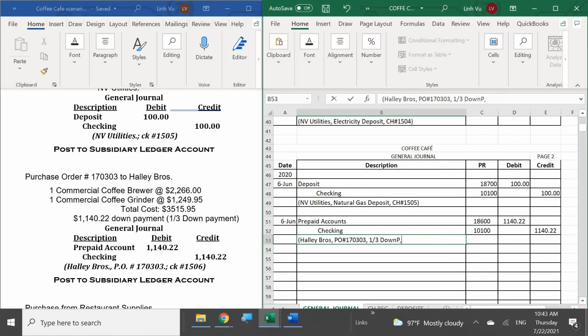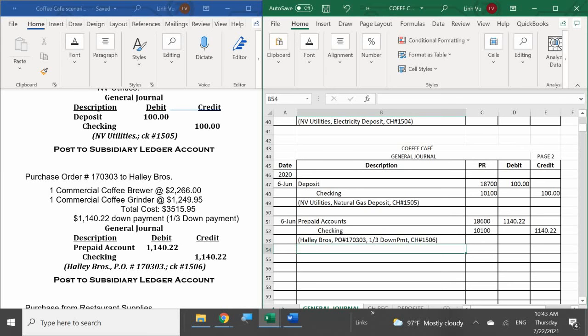And last but not least, how did I pay for that? I paid using check number 1506. Right? That's all I have to do. Because the purchase order pretty much tells me what I ordered, and the check number tells me who I ordered from, how much I ordered, and so on.